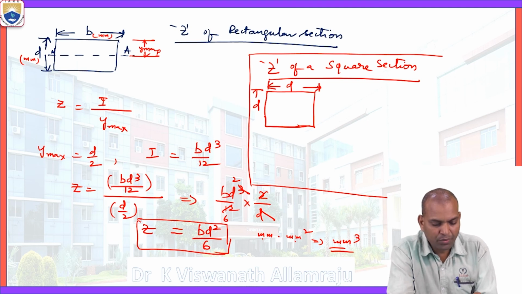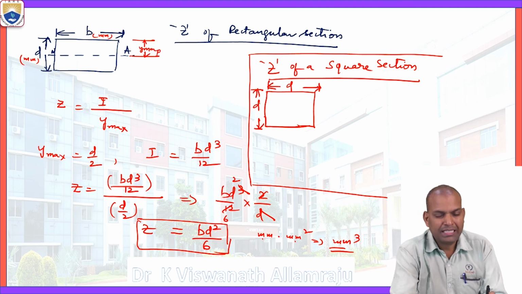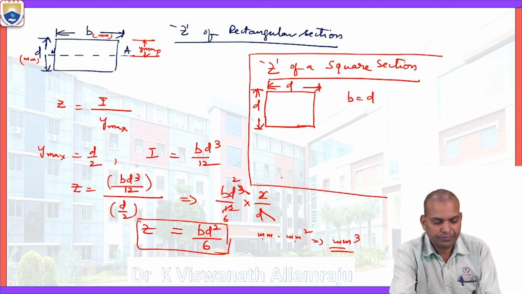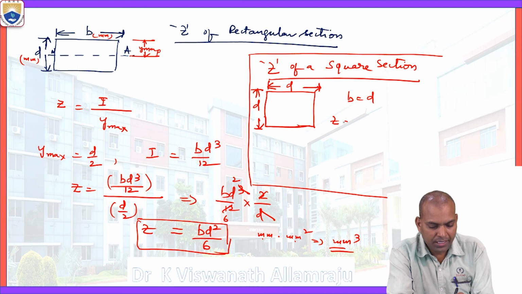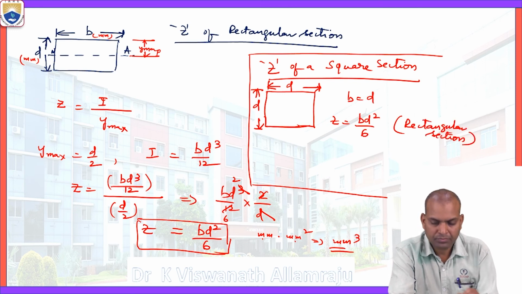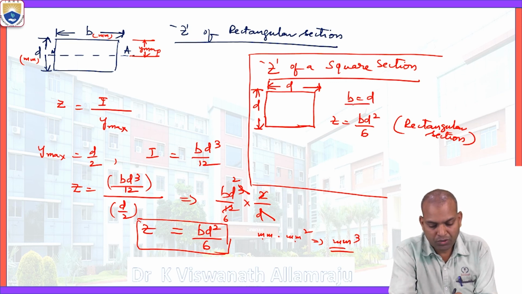That means in the formula of a rectangular section, Z equal to B D square by 6, if we substitute B equal to D, then what happens?